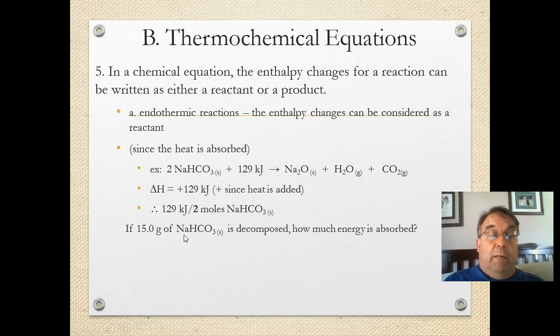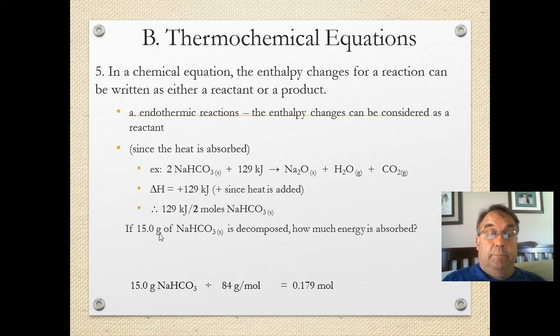So if 15 grams of sodium hydrogen carbonate is decomposed, how much energy is absorbed? Okay, so 15 grams. What do you think we have to convert it to? Well, if this is 129 kilojoules per 2 moles, we don't know how many moles this is, so we have to convert the 15 grams of sodium bicarbonate to moles. So we take the 15 grams and we divide it by the formula mass, and we get 0.179 moles.